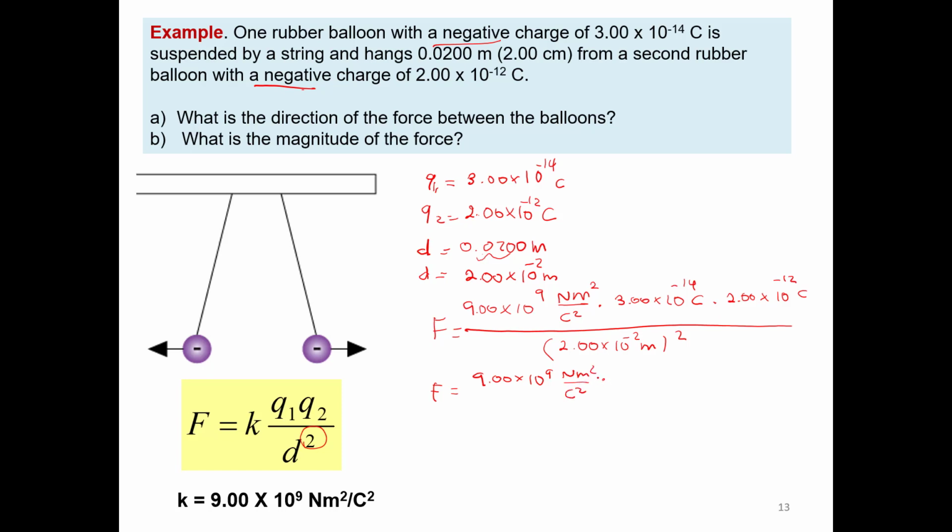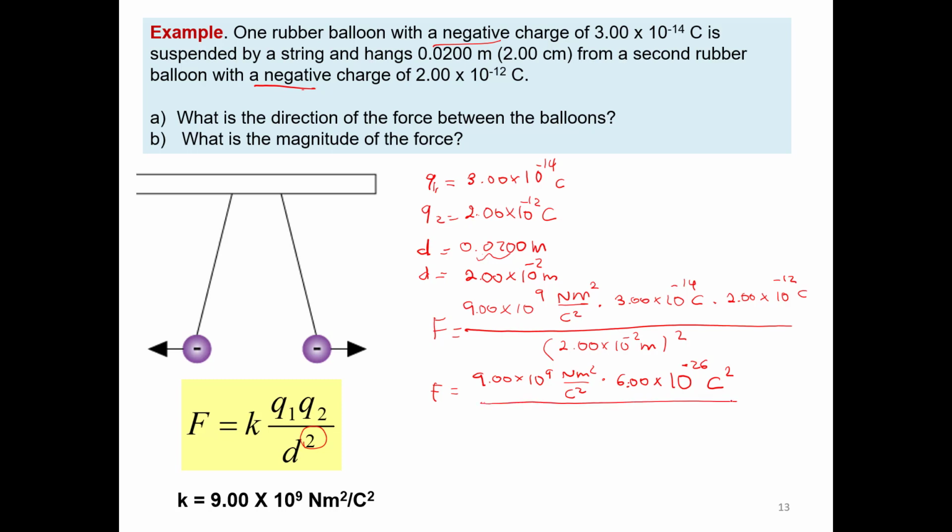Now we multiply the charges. If we multiply the charges, we can multiply just the numbers. 3 times 2 is 6, so 6.00 times 10 to the power. Because both exponents are negative, we need to add the numbers together and keep the negative sign. Coulomb times coulomb will be coulomb squared.